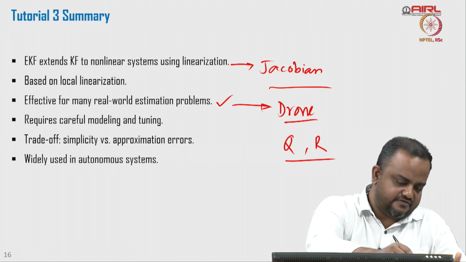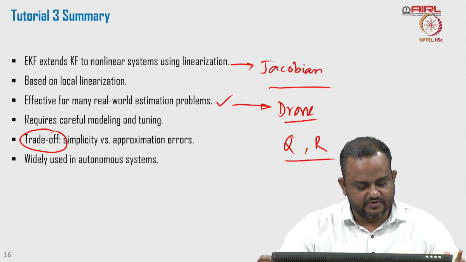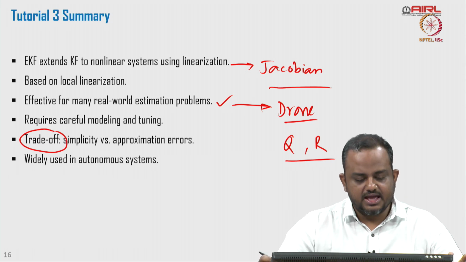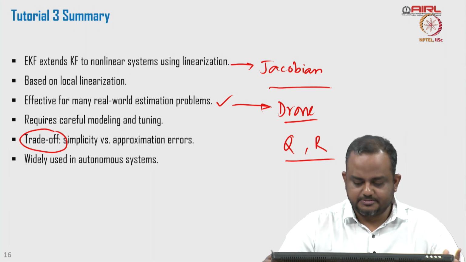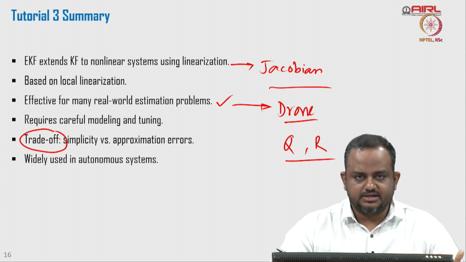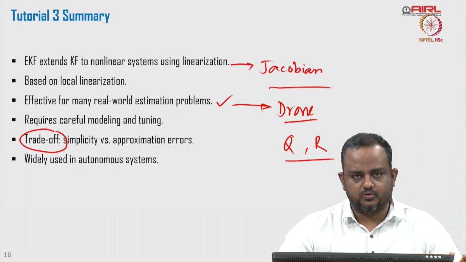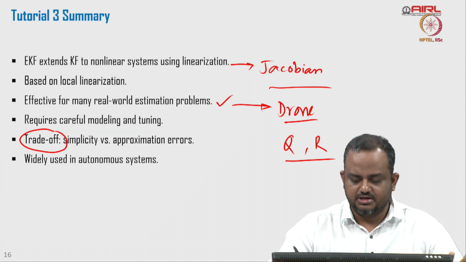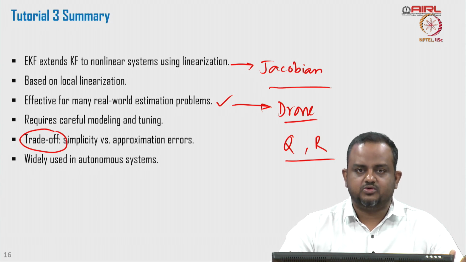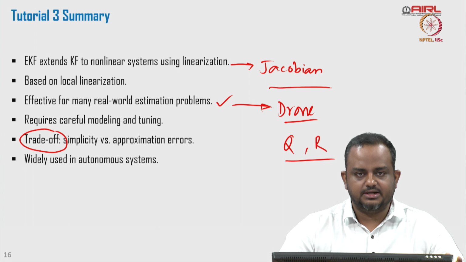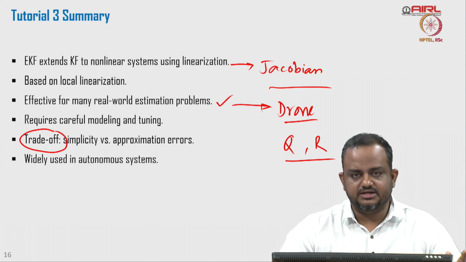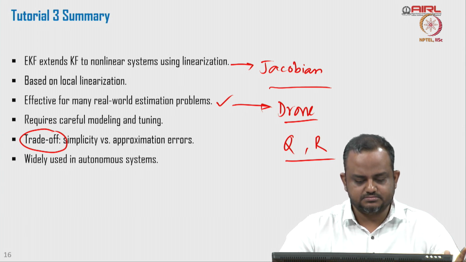Now, there is a trade off which the extended Kalman filter provides, that is simplicity versus approximation errors. What is that? Though the extended Kalman filter is more complex compared to the Kalman filter, which is the linear version, compared to other nonlinear filters or estimators, the extended Kalman filter implementation is quite simpler.